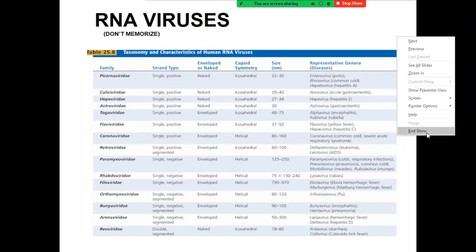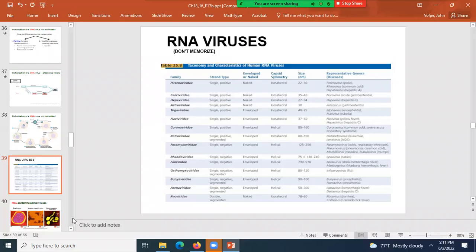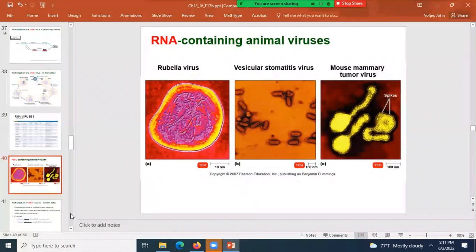I'm just introducing the RNA viruses here. The RNA viruses contain RNA. We're only talking about RNA animal viruses, but realize there are other RNA viruses, and they affect the kingdom that the virus infects.